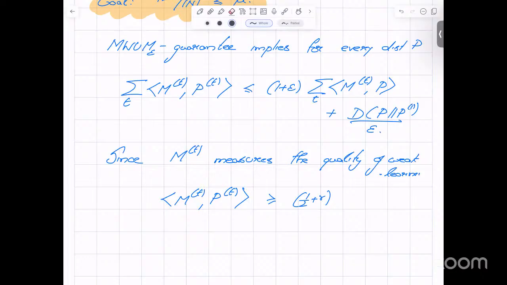Because for that distribution, it's 1 if you get it right and 0 if you don't, and you're claiming it's a weak learner. Therefore, this is exactly the probability with which you're getting it right.